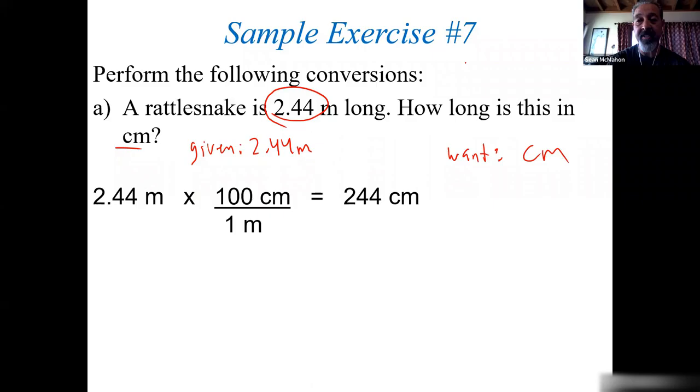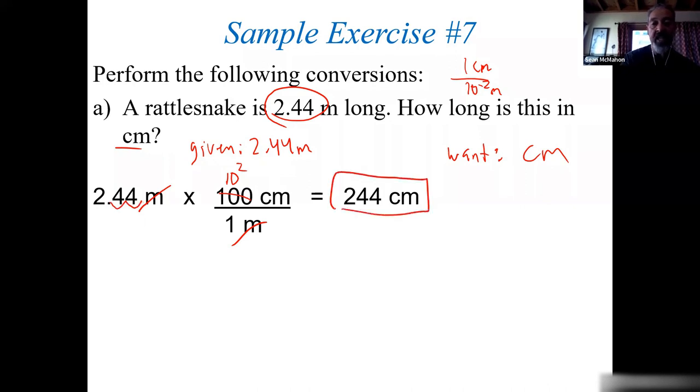I like that better than saying 1 centimeter is 10 to the negative 2 meters. Now, if you want, instead of writing 100, you could say 10 squared. You can do that. Okay. But basically, when I do this, I see that the meters cancel. And I'm multiplying this by 100. I can just move that over. And I get that for my answer.